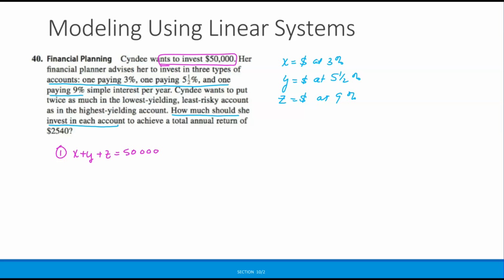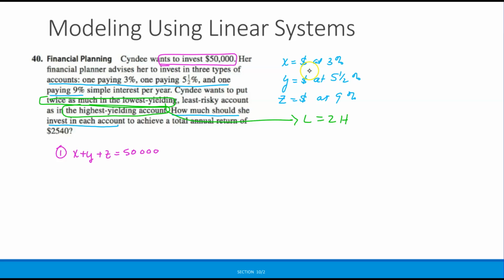Okay, let's look at other hints of problems. She wants to put twice as much in the lowest yield than the highest yield. So that means the lowest yield is going to be twice the highest yield.